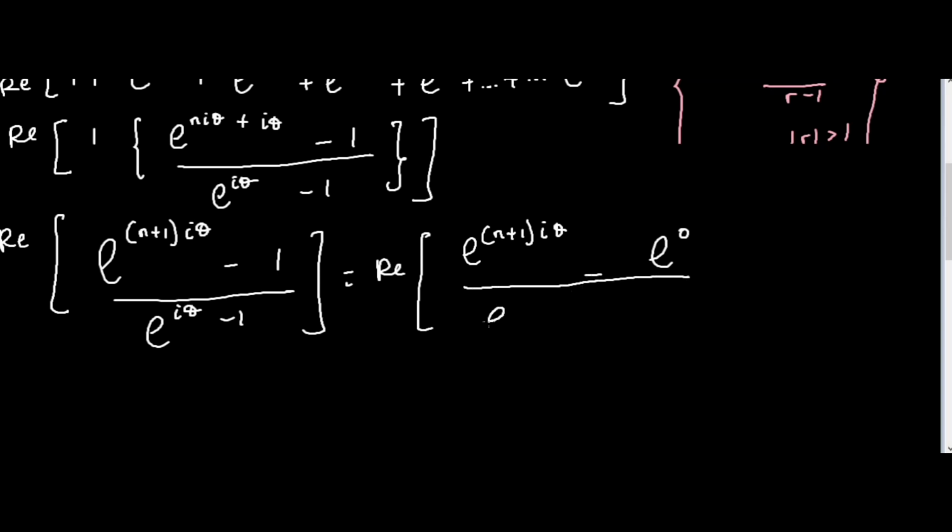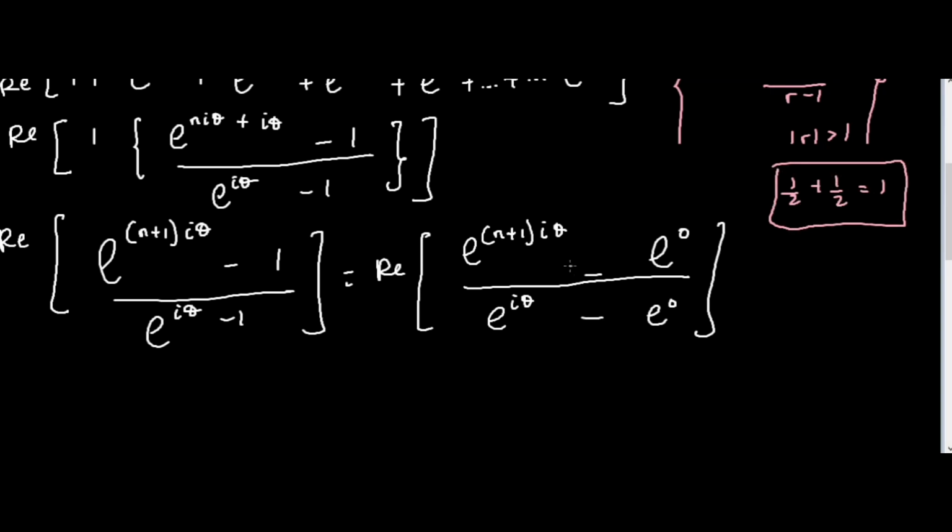Then e raised to power I theta minus e raised to power 0. That's still 1, right? Now, since you agree with me, you also agree with me that normal 1 over 2 plus 1 over 2 is what? Is 1. So since 1 over 2, that is half plus half is 1. That means since this one is a whole number, I can split it to half of each of them to arrive at my final answer.